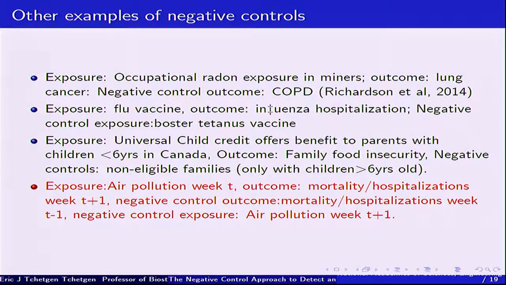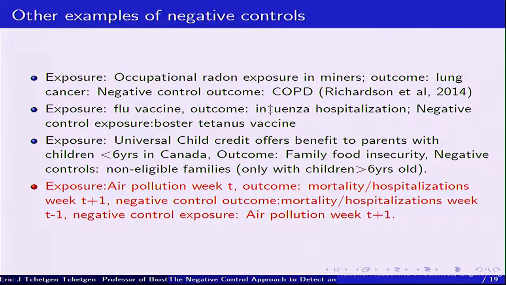And then exposures, and this actually is very natural, in air pollution studies where you might be interested in the causal association between air pollution at week T and the outcome being mortality or hospitalization at time T+1, a natural negative control outcome might be the mortality prior to the air pollution level you're looking at. Negative control exposure is very naturally the air pollution level after the outcome you're looking at.